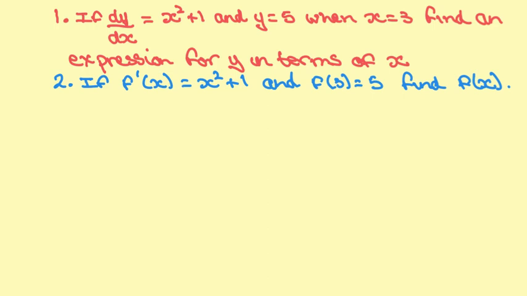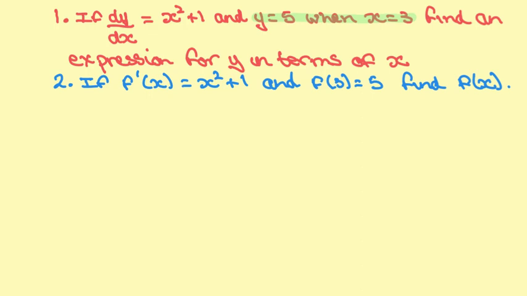The first way: if dy over dx equals x squared plus 1 and y equals 5 when x equals 3, find an expression for y in terms of x. The boundary condition is when x equals 3, y equals 5.